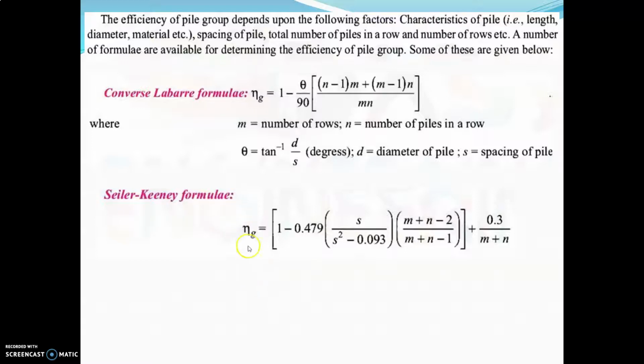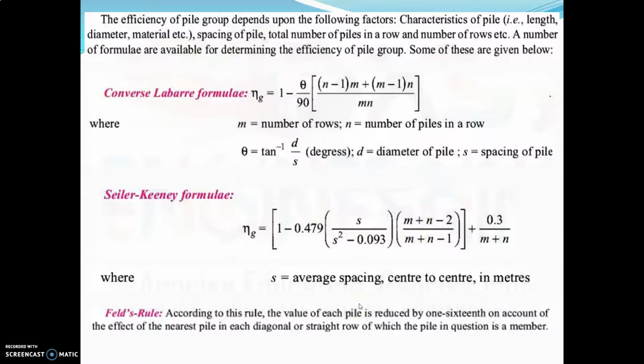Here it says that mu g equals [1 minus 0.479 s divided by s squared minus 0.093, into (m plus n minus 2) divided by (m plus n minus 1)] plus 0.3 divided by (m plus n), where m is the number of rows, n is the number of piles in a row, and s is the average center to center spacing in meters.